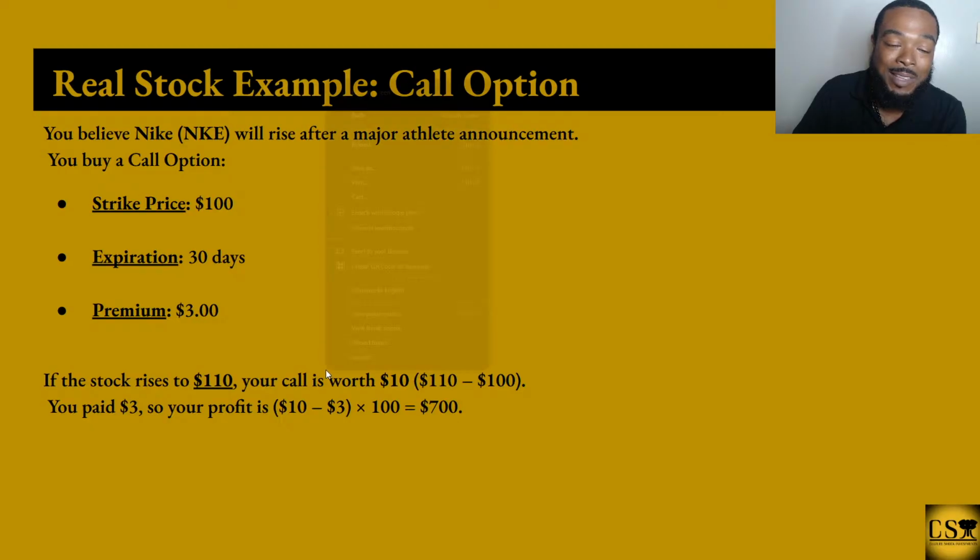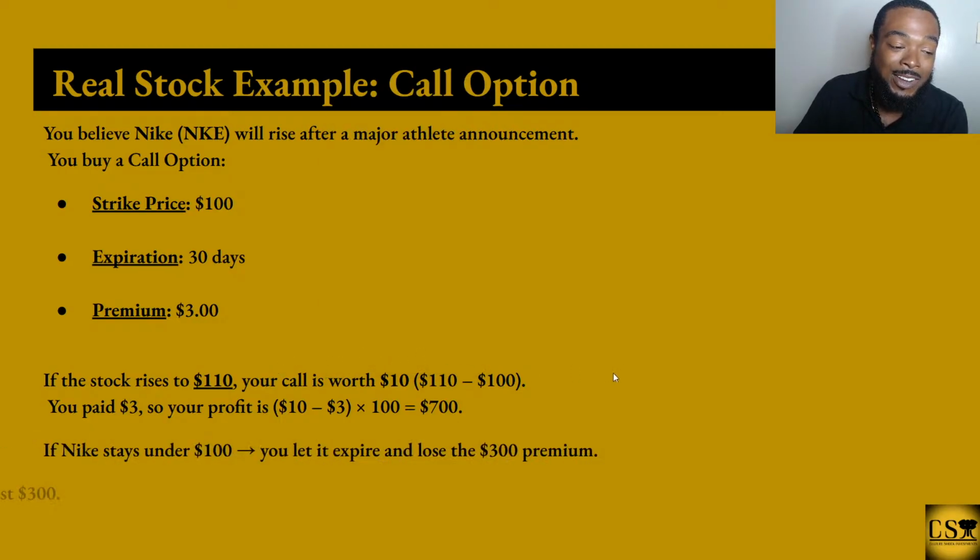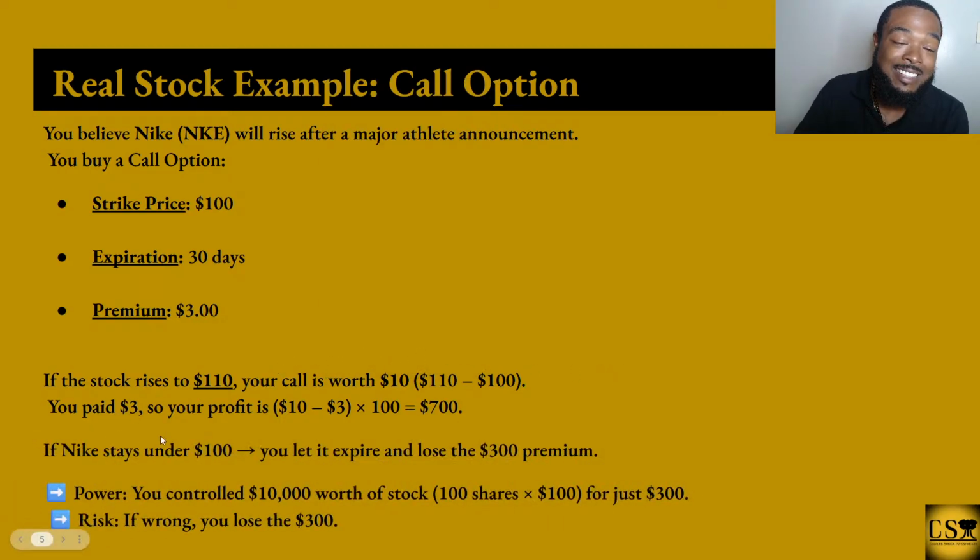But it had to happen within that 30-day period, or guess what? If Nike stays underneath $100 and you have that $300 premium in, and that 30 days ends, and Nike does not get over $100, your contract is going to expire worthless. Okay, you're going to lose that $300. So the power is you control $10,000 worth of Nike for $300.